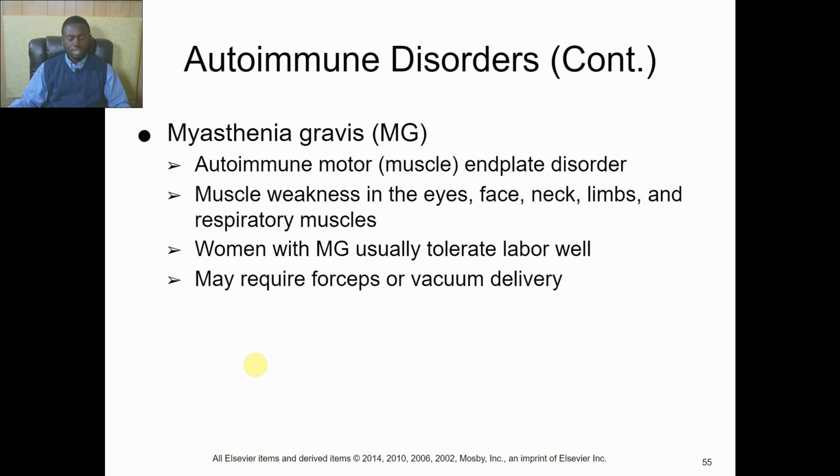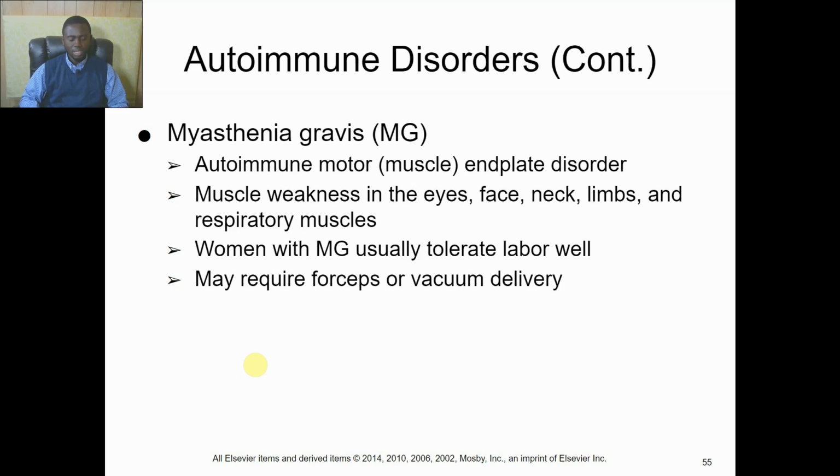Another autoimmune disorder that can affect pregnancy is myasthenia gravis, an autoimmune motor muscle disorder that causes muscle weakness in the eyes, face, neck, limbs, and respiratory muscles. Just remember that if your respiratory muscles are compromised, then you will not be able to have adequate ventilation and perfusion, and so that is going to cause limited growth of the fetus, and the fetus is going to be in distress.